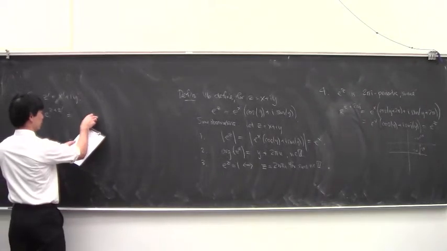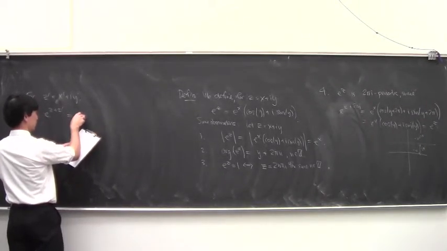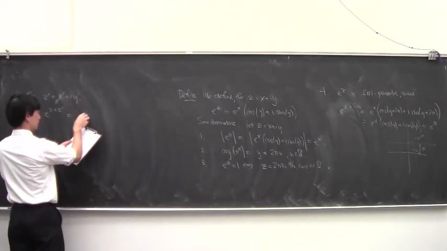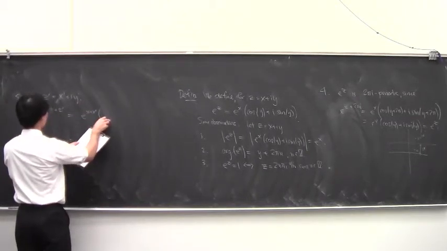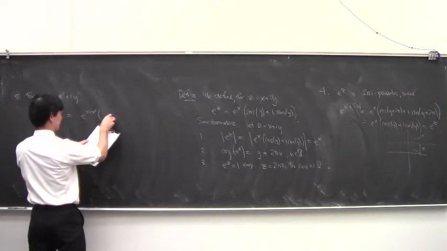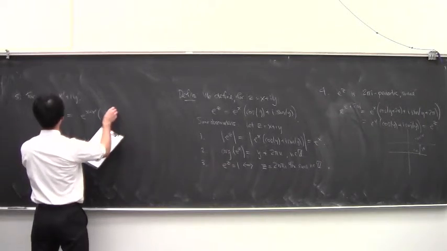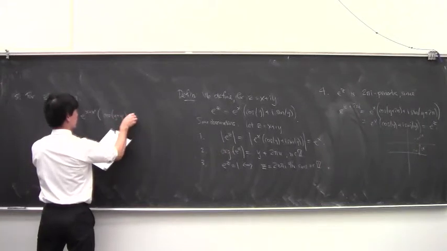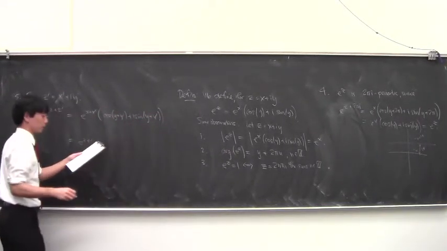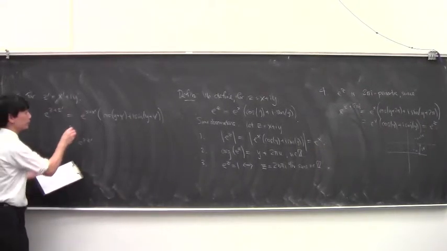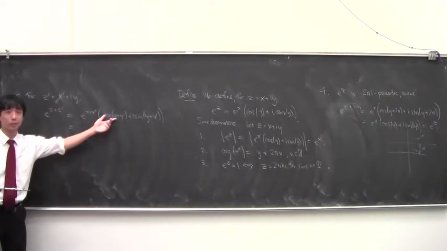So you'd say, you get e to the x plus x prime times cosine of y plus y prime plus i sine of y plus y prime. And then you'd use trigonometric identities.